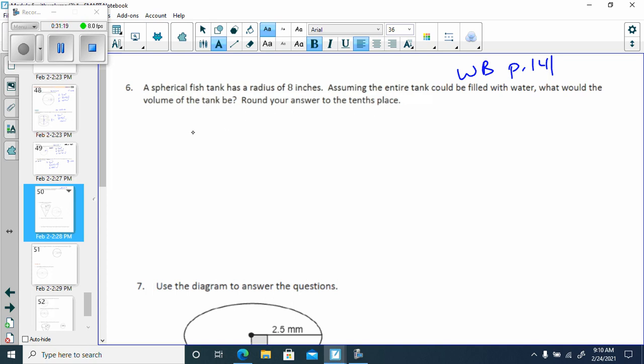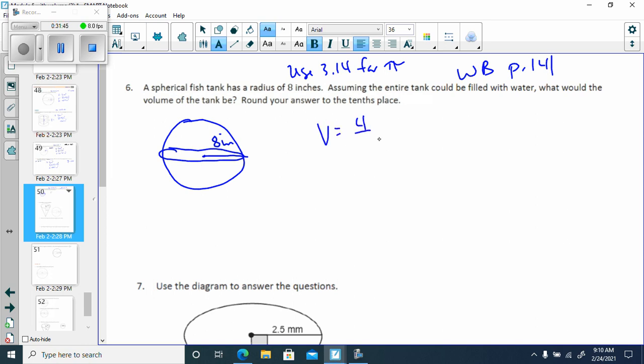A spherical fish tank, that means we're looking at a ball, basically, has a radius of 8 inches. Assuming the entire tank could be filled with water, what would be the volume of the tank? Round your answer to the tenth. So we're going to use 3.14 for pi, because we're rounding. We're not looking for exact. The volume is equal to 4/3 pi r cubed, okay?